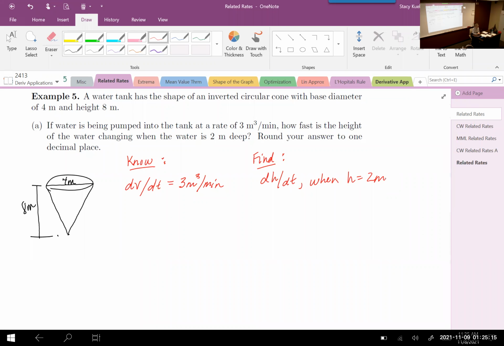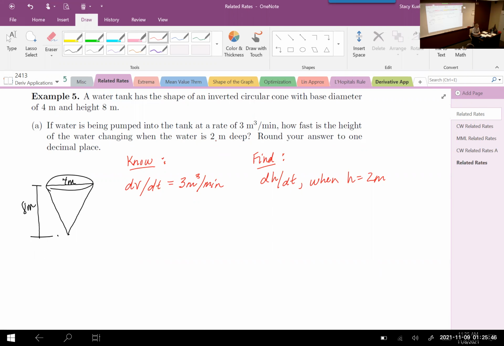Is that a derivative? The dH/dt. Whenever it says I want to know what the rate of change is for something, that's the derivative. It says how fast is the height of the water changing, so I want to know the derivative of height, at 2 meters, when it's 2 meters deep. So I need those two things together.